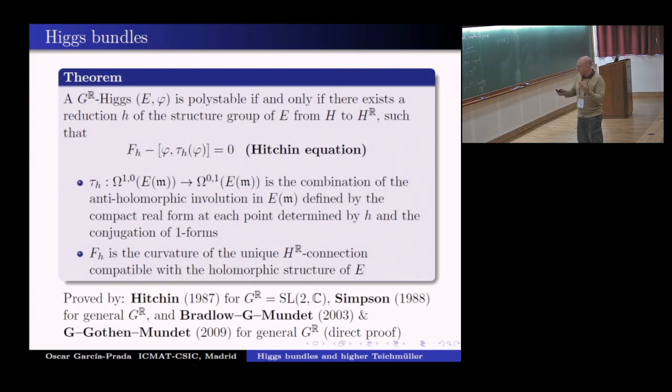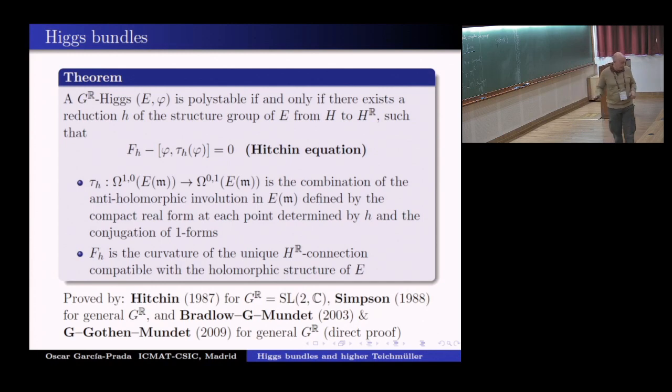This is a theorem that was originally proved by Hitchin for SL(2,C), and then Carlos gave a very general proof for any group, and in fact in higher dimensions. And in this language of stability, a direct proof was given with my collaborators Steve Bradlow, Ignasi Mundet and Peter Gothen over the years, in the more general context of general pairs that I told you about, which in particular applies to this situation.